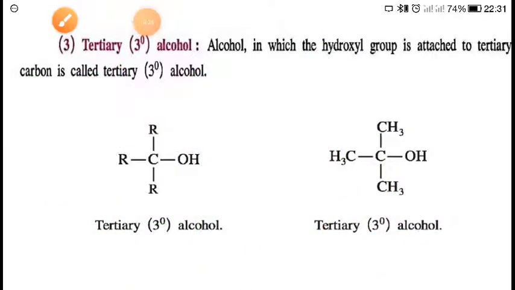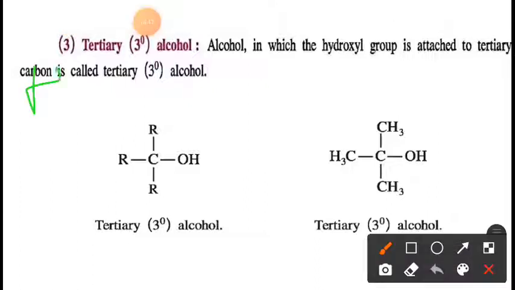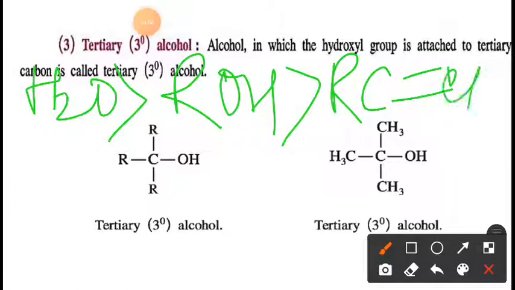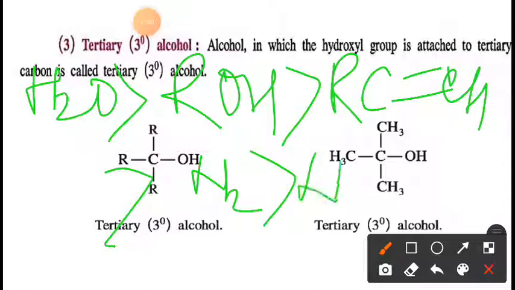Now next, when we talk about the acidic nature of alcohol, or the relative acidity or relative basicity, at that time always remember that H2O will be more acidic than ROH, after that RC triple bond CH, that will be more acidic than NH3, and that will be more acidic than RH, right?